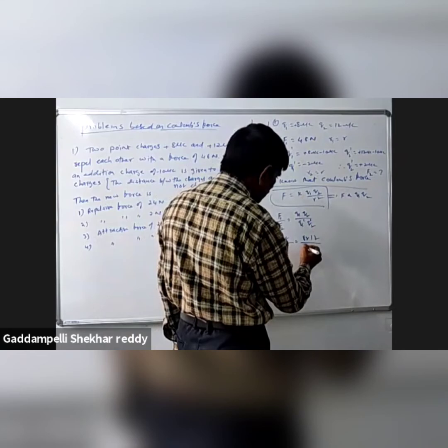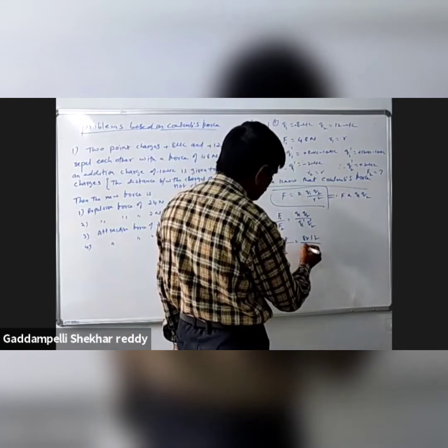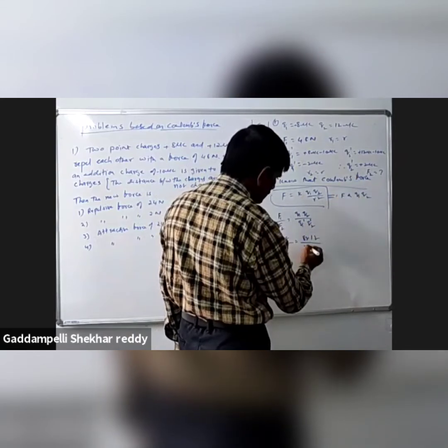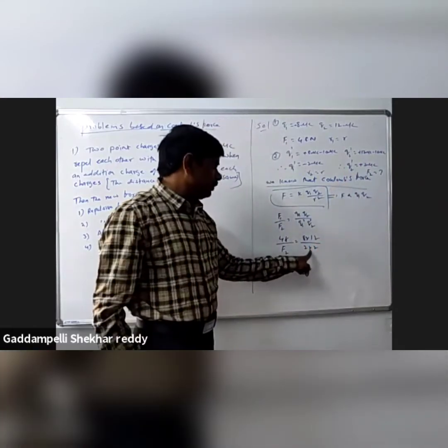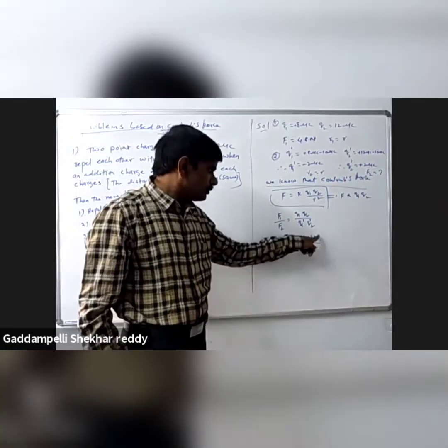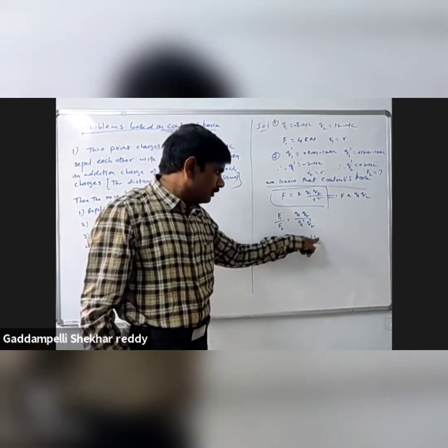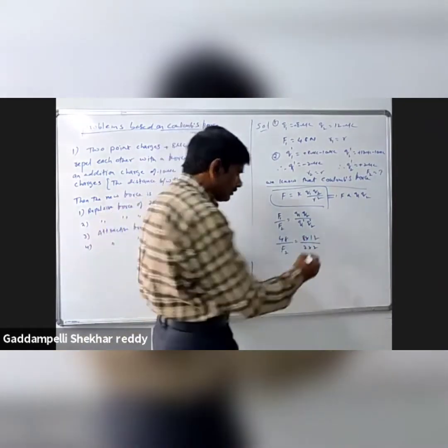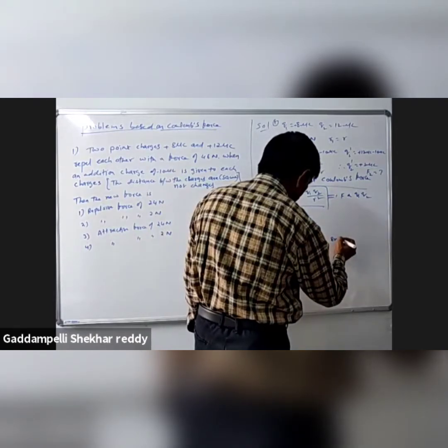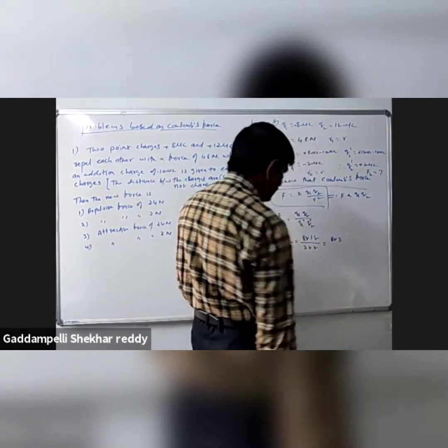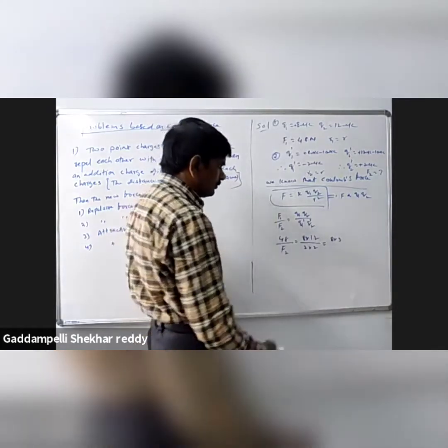No need of the minus sign here, minus indicates attractive force, and Q2 dash is 2. So 2 into 2 is 4. 12 divided by 4 remaining, 3. 8 into 3, 48.